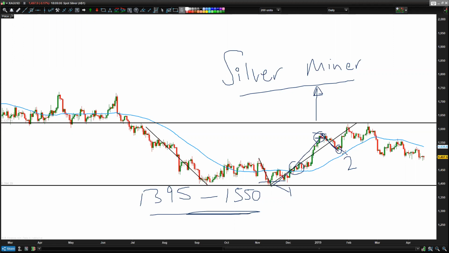So if you are just keeping an eye on this market, if this is a market that interests you, and it very much interests me, then there's buy signal number two. And where does it go? It does eventually go back to this level. So there's quite clearly one entry, quite clearly an exit.